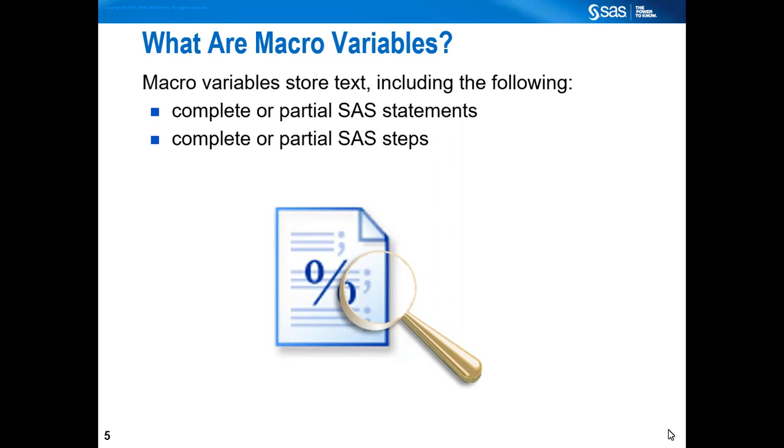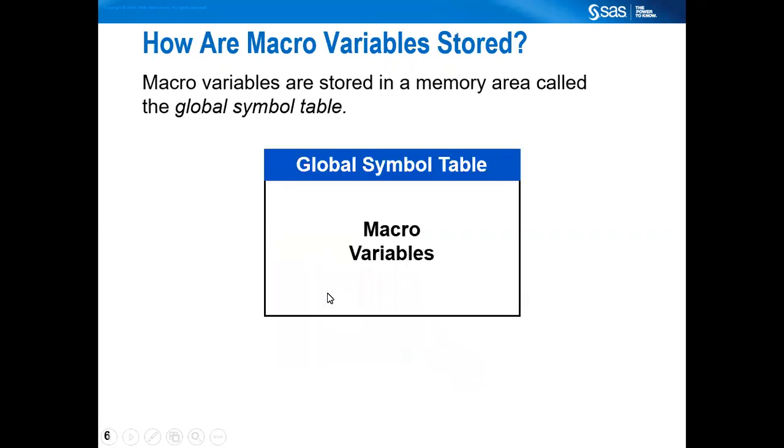Okay, so what does this mean? This is telling you that you have a code and it's a macro program. So anything with a percent sign, where the percent sign is followed by a name, is called a macro. Okay, all right.